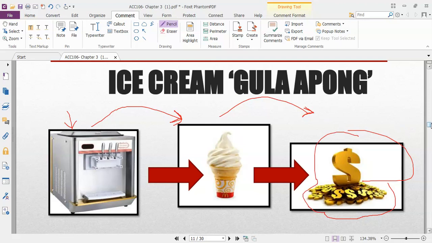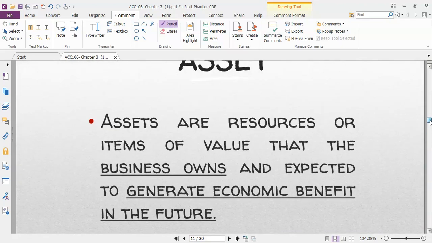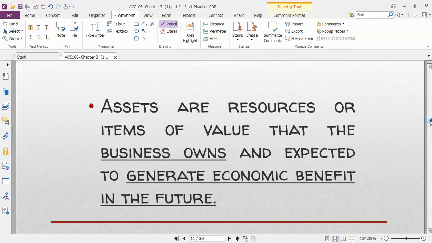Daripada aset kita boleh generate income. Daripada penggunaan aset tersebut, kalau tak ada aset, macam mana kita nak hasilkan produk. Okay. Bila tak ada aset, tak boleh nak hasilkan produk untuk generate income. So that the definition of asset is assets are resources or items of value that the business owns.